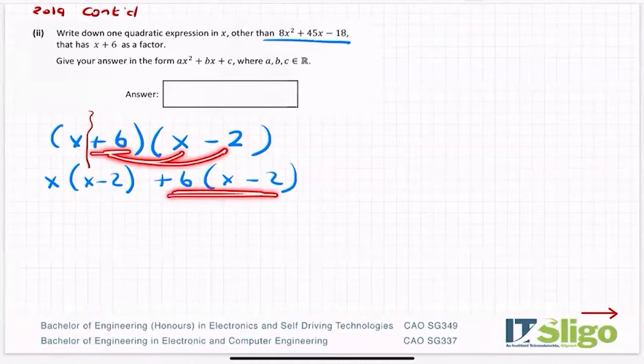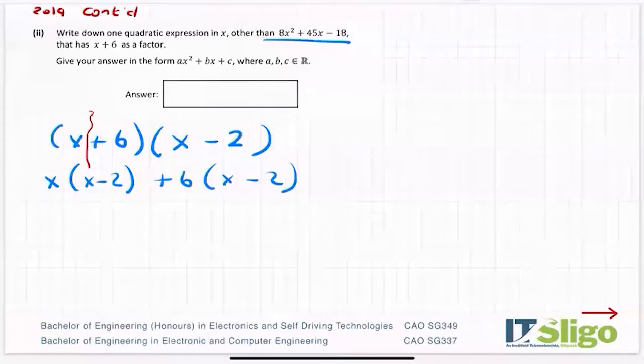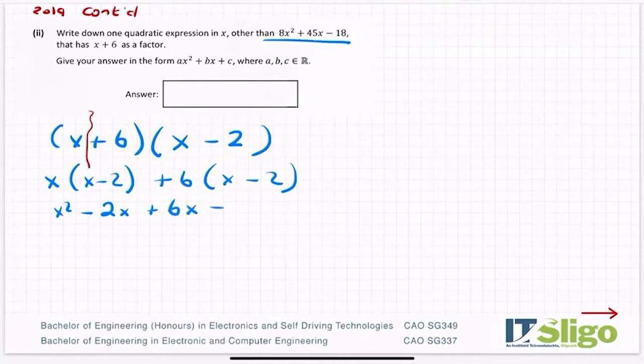So I've just done the same thing on that second line, I've just written it out as opposed to doing my lines. So x by x, x squared, x by minus 2, minus 2x, plus 6 by x, plus 6x, plus 6 by minus 2 is minus 12. And the two terms in the middle always tidy, so you get x squared plus 4x minus 12.